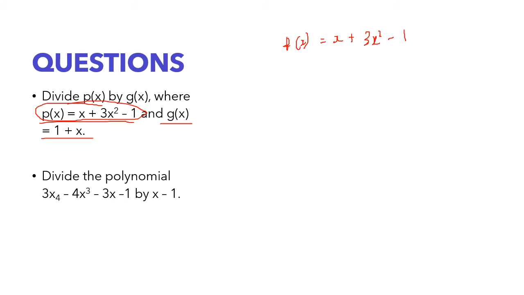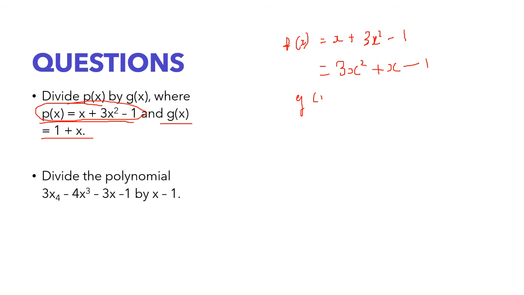Before dividing, the first thing we have to do is arrange the terms according to their degrees. I'm writing the term with the highest degree first, 3x square. The second one is x, which has the second highest degree, and at last I'm writing the last term, minus 1.